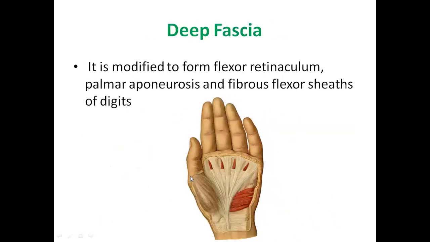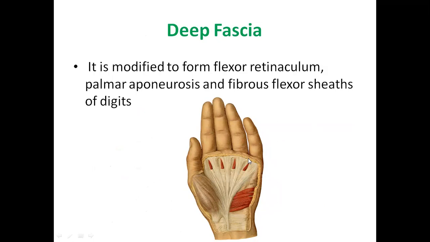Once you cut the skin, the fat and then the superficial fascia, and clear that off, we will go into the deep fascia. The deep fascia modifies itself to form certain structures like the flexor retinaculum, which you have already studied when doing the forearm flexor compartment muscles.